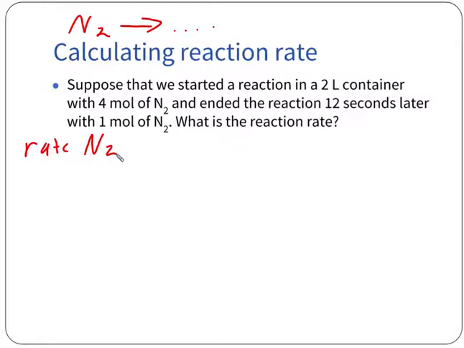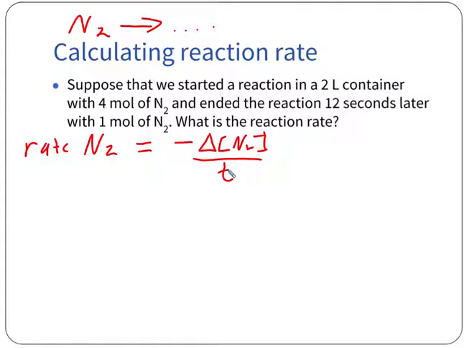Now, what we know is that since N2 is going to be a reactant, the general form for the rate here is going to be the negative of the change in concentration of N2 over the time, right? Just like that. So what we're going to have to figure out is the change in concentration of N2.